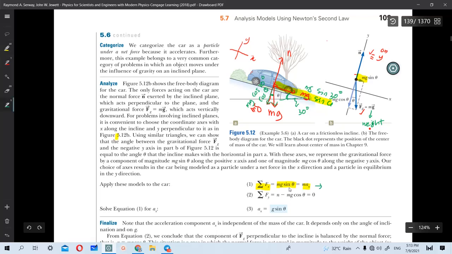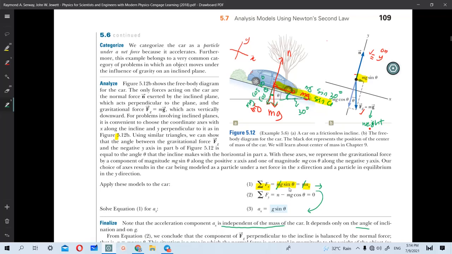You can cancel out m, the mass, arriving with g sin theta. Surprisingly, acceleration can be calculated without even knowing the mass of the car. It is independent of the mass of the car, and depends only on the angle. So the acceleration of the car, provided there is no friction, is just dependent on the g value and the angle, right?